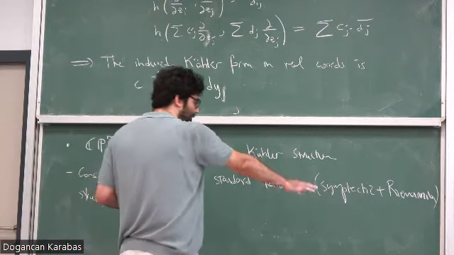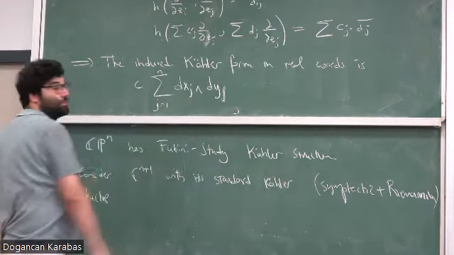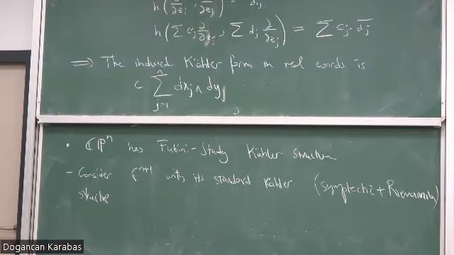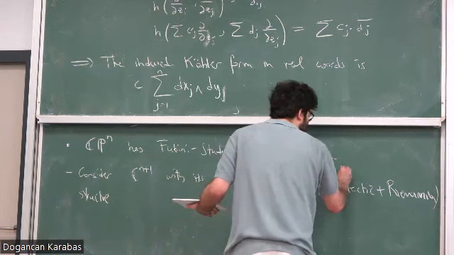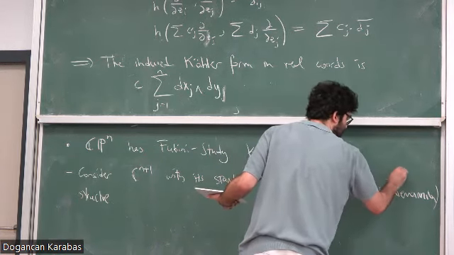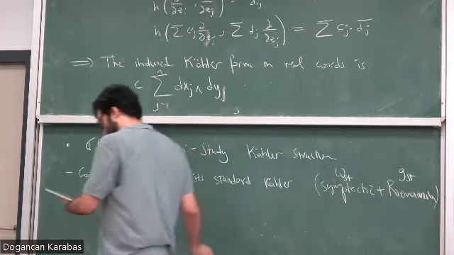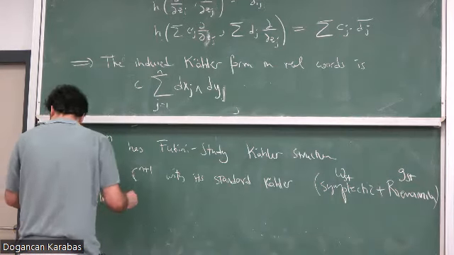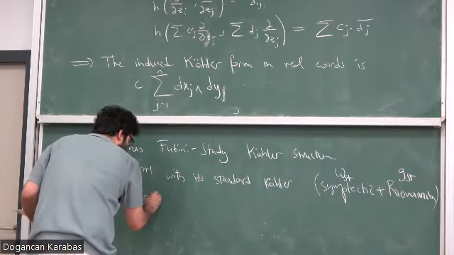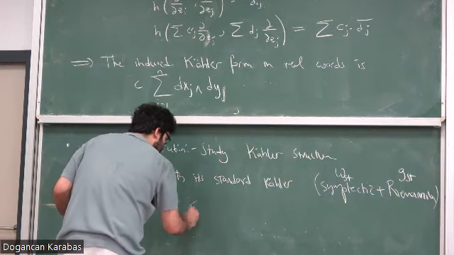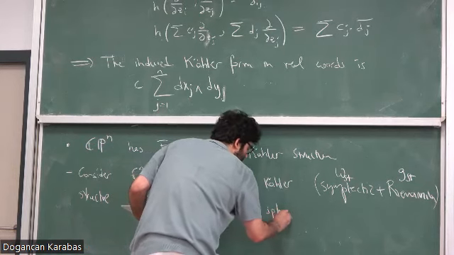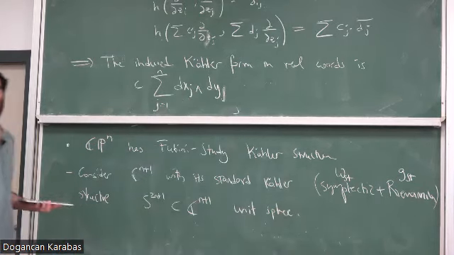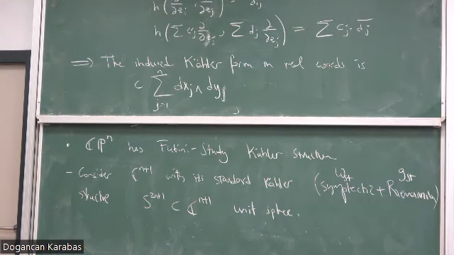That's the standard Riemannian form, and the symplectic form is just what we wrote here. Let's call this one omega standard and this one g standard, in case we need to refer to them. And you consider S2n+1 inside Cn+1, the unit sphere with respect to the standard Riemannian metric.